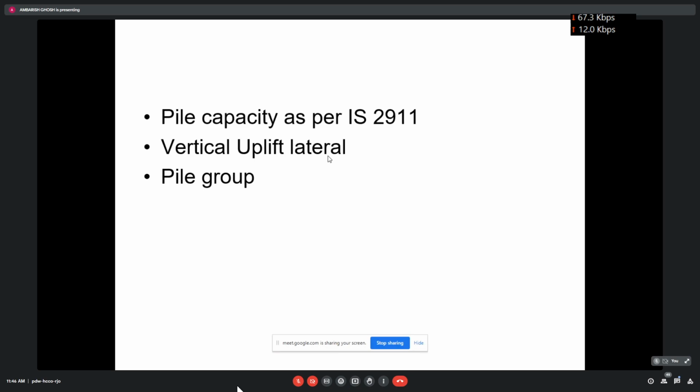We use pile foundation when the bearing capacity of soil is much less than the loads, the required area is very high.